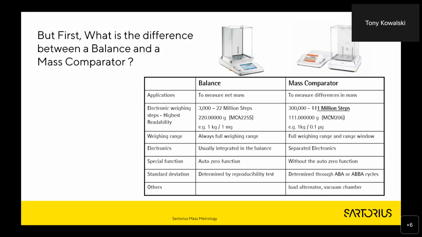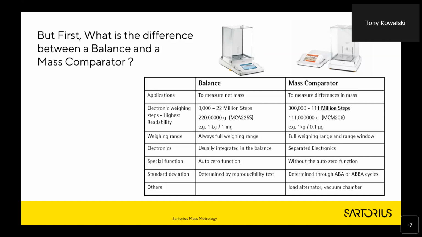So that's 111 million steps. And on a mass comparator, you'll find one of these models actually at the National Physical Laboratory, NPL, in New Delhi. We can actually measure small differences at a kilogram with 7 decimal places. So you can see a mass comparator is basically an instrument that is used to measure differences in mass, but with a lot more readability than you'd ever find on a standard laboratory balance.